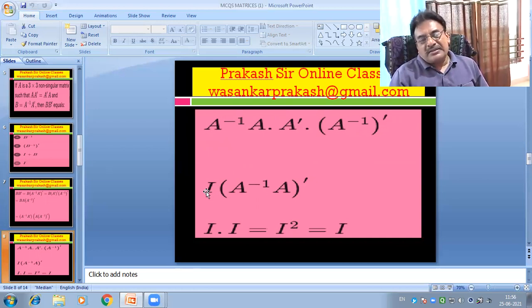So we get complement of I, and I is the identity matrix, so complement of I is I. Then I into I is I square, but I is the identity matrix, so I square equals I.